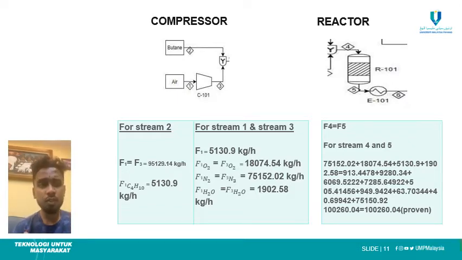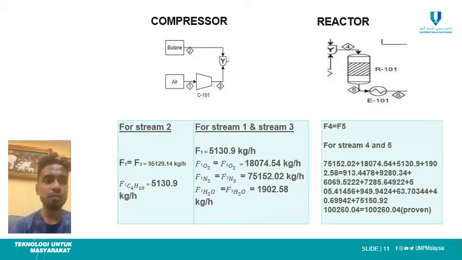For stream 2, the flow rate F2 is 5130.9, and for stream 1 and stream 3, we need to apply the law of conservation of mass, which is inlet equals outlet, which is F1 equals F3, which will get 95129.14. And by that, we can also calculate F1 O2, F1 N2, and also F1 for water.